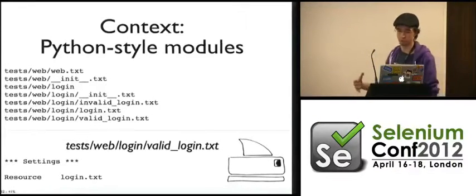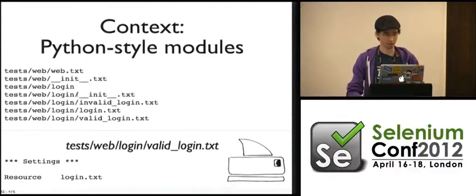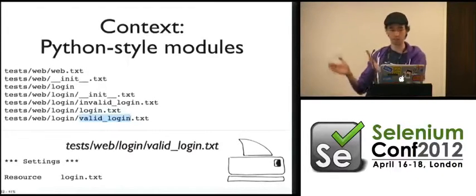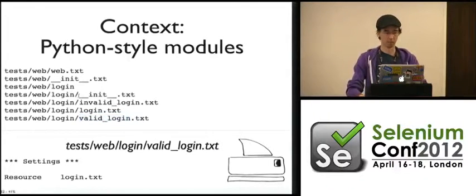Robot Framework comes with a module system that's very similar to the Python one. So, for example, the invalid login tests down here are automatically in the login suite. And all the keywords in this init text file are available to it.